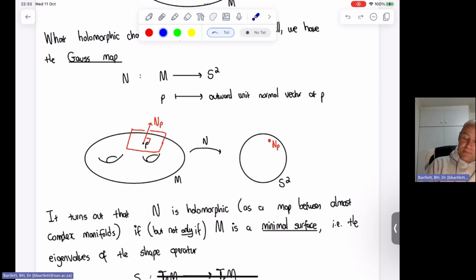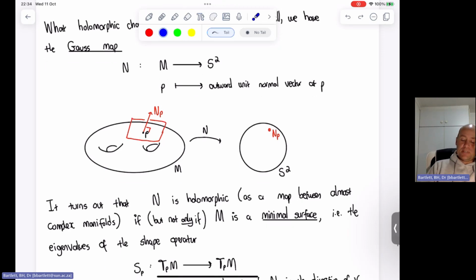It's an almost complex manifold, so it makes sense to ask whether N is going to be a holomorphic map or not. And the claim is that N is a holomorphic map if, though I don't think it's necessary, certainly it is sufficient, M is a minimal surface. These specific kinds of surfaces have the property that this Gauss map will be a holomorphic map.